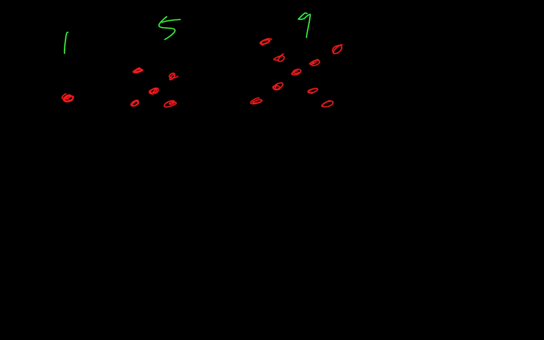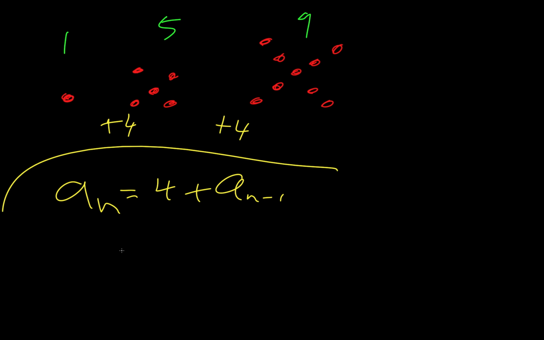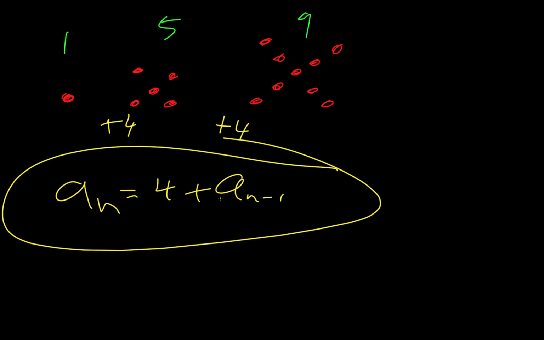So the relationship is we're adding 4 each time. And so for recursive, we just say a of n equals 4 plus a of n minus 1. And that's all we have to do. It takes a lot less thinking.